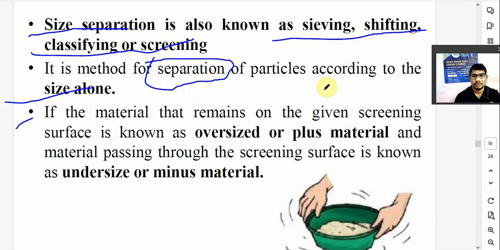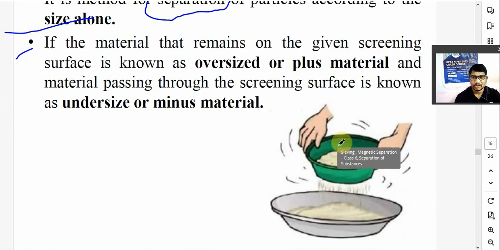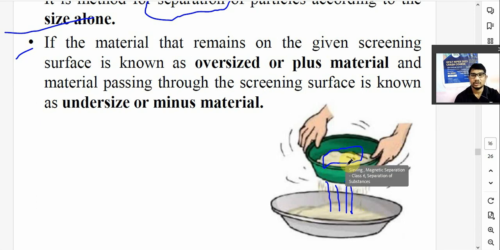You can see over here, these are known as the sieves, and the material to be separated is kept in the sieves. You have to shake this sieve mechanically by using hands. So what will happen? The fine particles, having size less than the size of mesh present in this sieve, will easily pass through the sieve, and the material which is coarse will remain in the sieve.